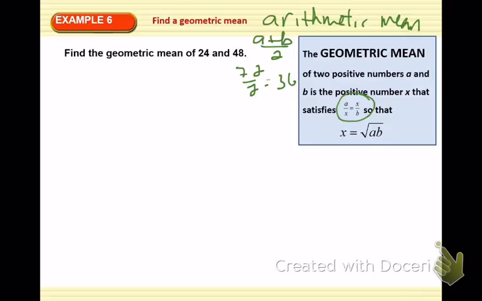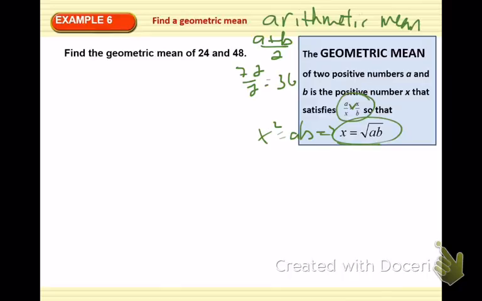Now, when you solve this proportion, you're going to cross multiply still and get x squared equals a times b. And that's where this comes from, because when you square root both sides, you get the square root of a times b. So instead of adding the two numbers and dividing by 2, you multiply the two numbers and square root them. Okay, so this is going to give you a very different result.